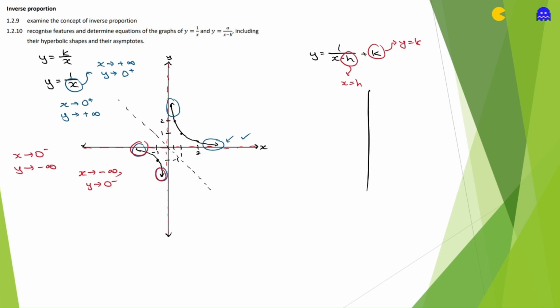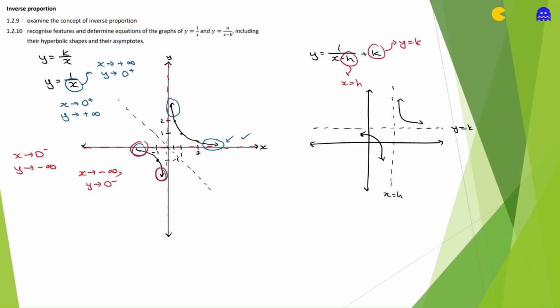And so as a result, if we graph our set of axes like this, and we graph it, and similarly we know that our coefficient here is positive, we'll have something like this, where this value here is our k, y equals k, and this bit here is our x equals h. And so as a result, we have something like this, and something like this.